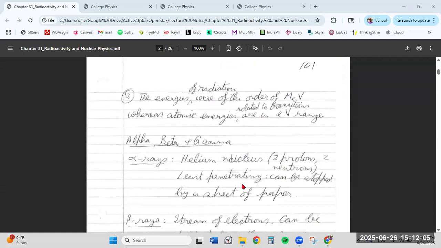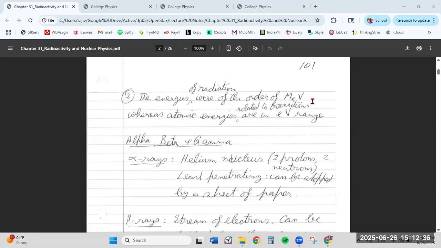The second reasoning was the energies of radiation that these entail were of the order of mega electron volts, MeVs, whereas atomic energies related to transitions are in the electron volt range. If you'll recall, the ground state of hydrogen, for example, is negative 13.6 electron volts, and all the different energy levels fall in that same region.